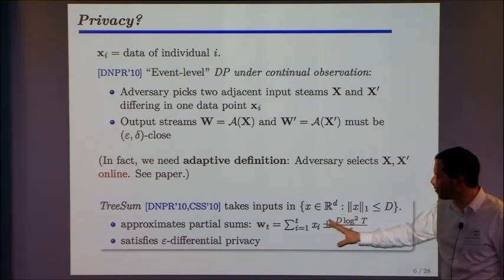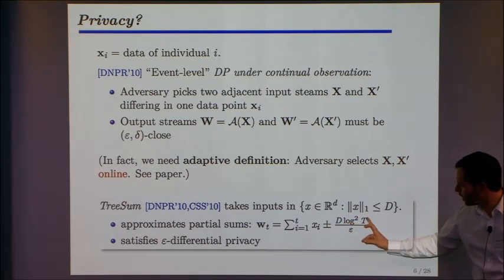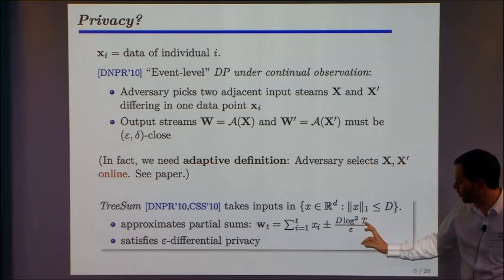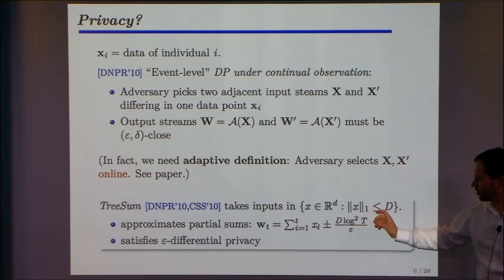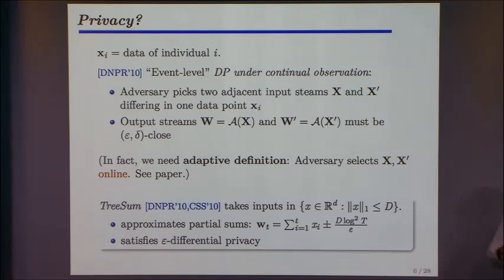Well, okay. So the L1 error, it doesn't really matter here. The L1 error scales polylogarithmically with t, and there's another term of the dimension that I omitted. Okay. But this algorithm is epsilon differentially private in both models. Okay. So this is our notion of privacy. So we want to design now online learning algorithms that satisfy this notion of privacy.